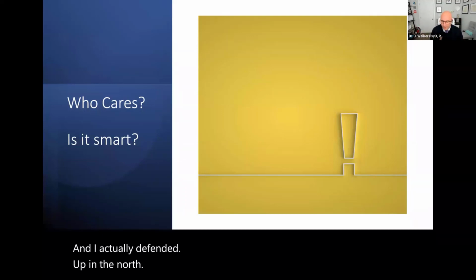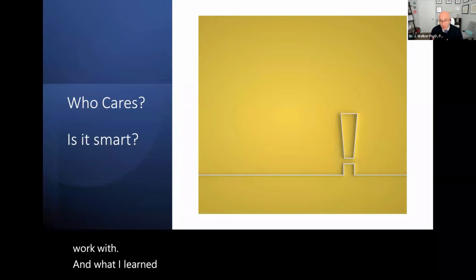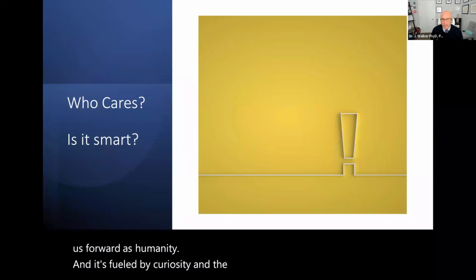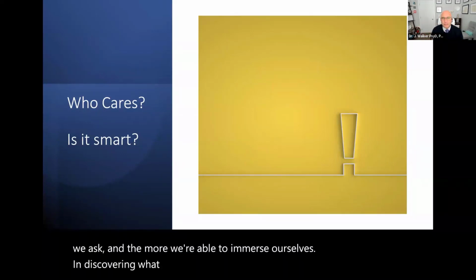What my chair at the time, Dr. Stones, Dr. Serco, people that I still work with, and what I learned through the university was that research really propels us forward as humanity. And it's fueled by curiosity. And the more curious we get, the more questions we ask, and the more we're able to immerse ourselves in discovering what is happening around us.